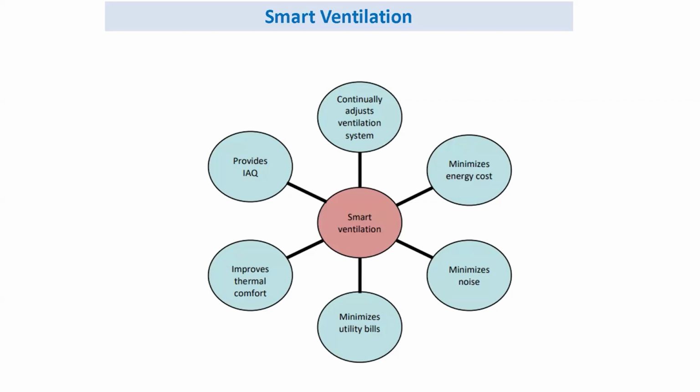It is also a kind of pollutant, but you can opt for these things to make you comfortable in the building. And your smart ventilation should be capable enough to minimize your energy cost, because this is going to be the recurring cost.